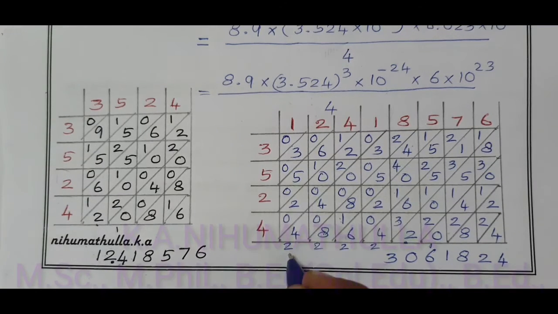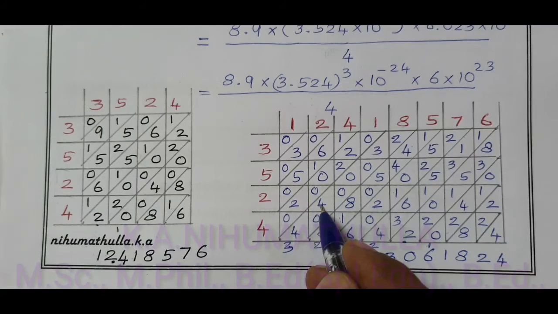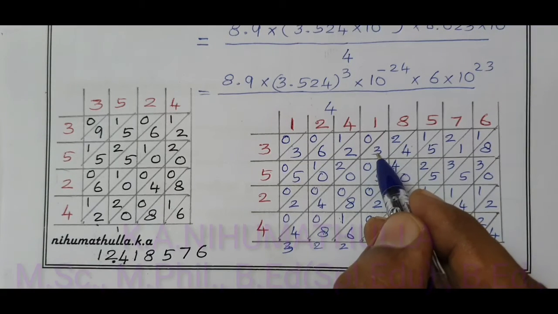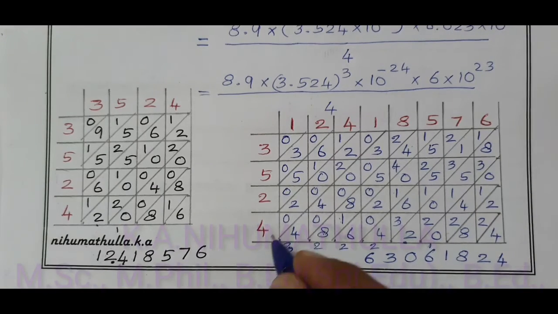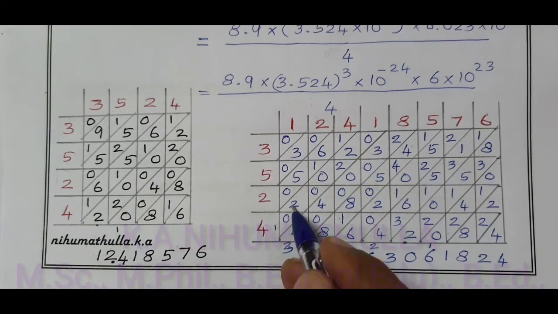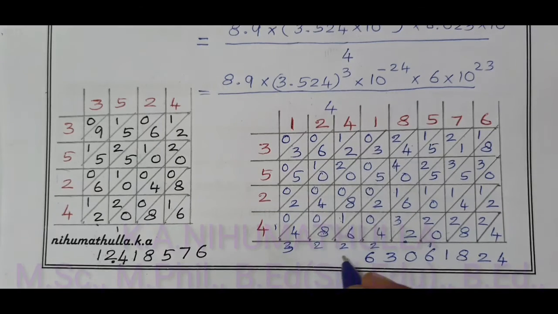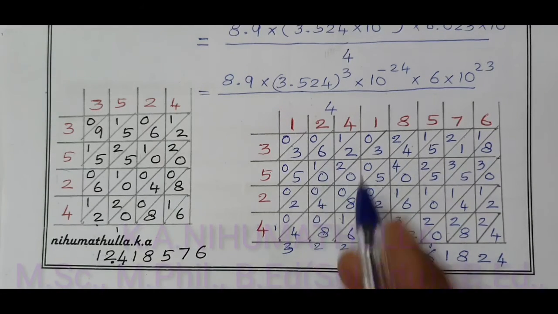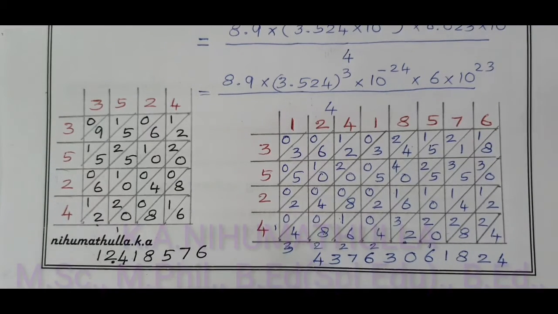So here 33 remaining 3, 7, 7 plus 4 equal to 11 plus 3 equal to 14 plus 2 equal to 16, remaining 1. Here 3 plus 2 equal to 5, 5 plus 2 equal to 7, 5 plus 1 equal to 6, 12, 13, remaining 1, 1 plus 3 equal to 4.